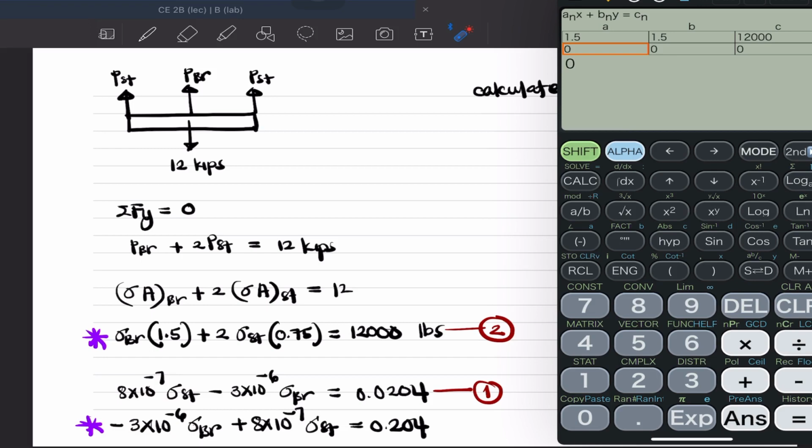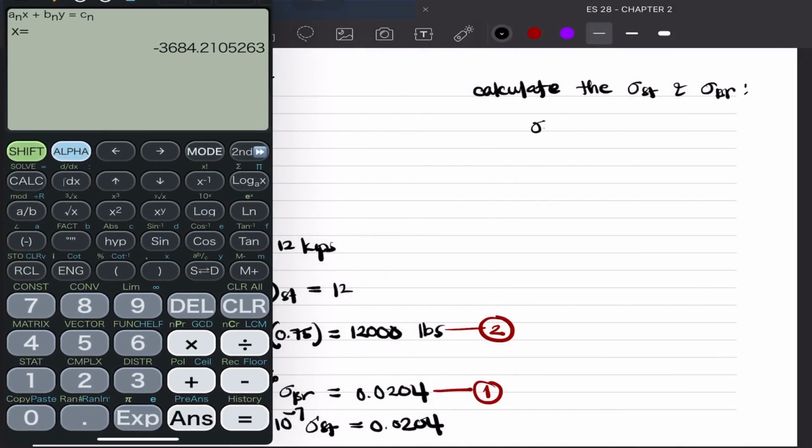A2 is negative 3 times 10 to the power of negative 6. Positive 8 times 10 to the power of negative 7. Dayon, 0.0204. This is supposed to be 0.204 equals.